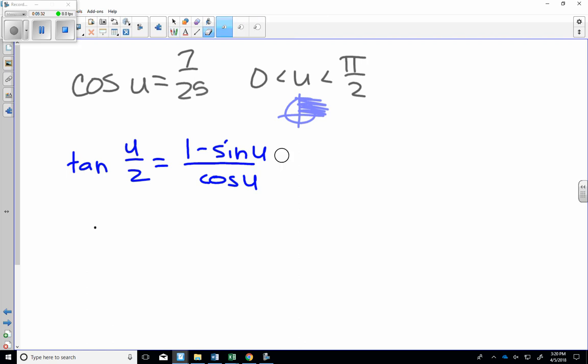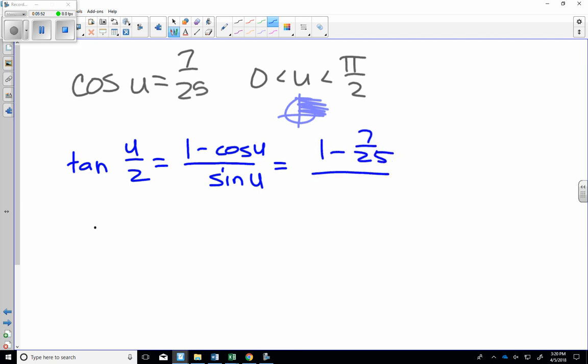No. It's 1 minus cosine over sine. And so now, we know cosine is 7/25, so 1 minus 7/25 over, and sine we've got to figure out. So we've got to do this, and that's u, and cosine is 7/25 and makes that 24. So sine is going to be 24 over 25.